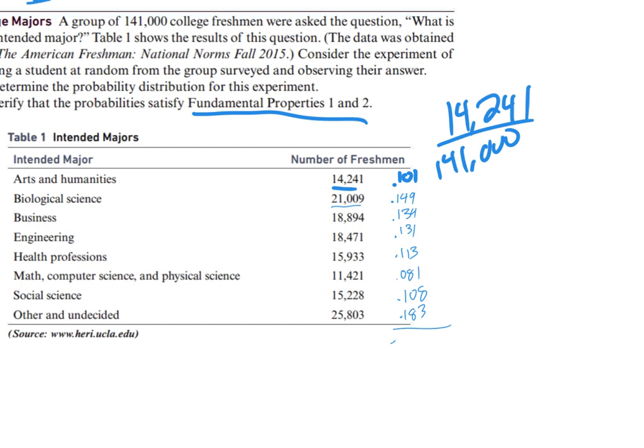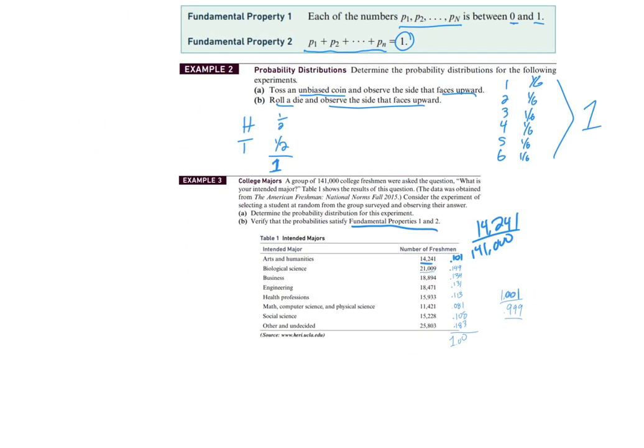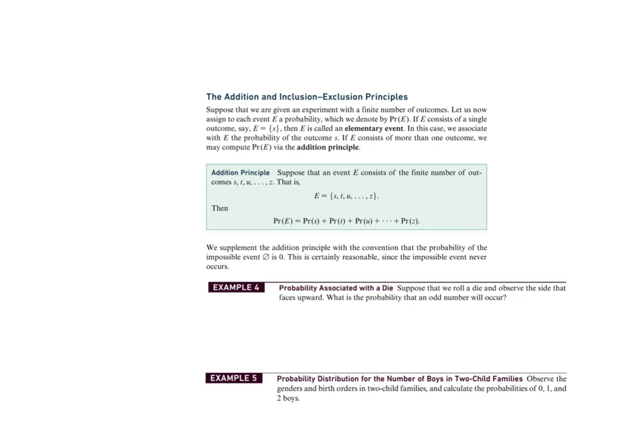We can add these up and verify that that is 1. Sometimes when we round these, we might get like 0.999 or 1.001 just because of how we rounded. That is okay. If we've rounded those values, we can understand that this has a value of 1 just because of a rounding error. We didn't get exactly 1.